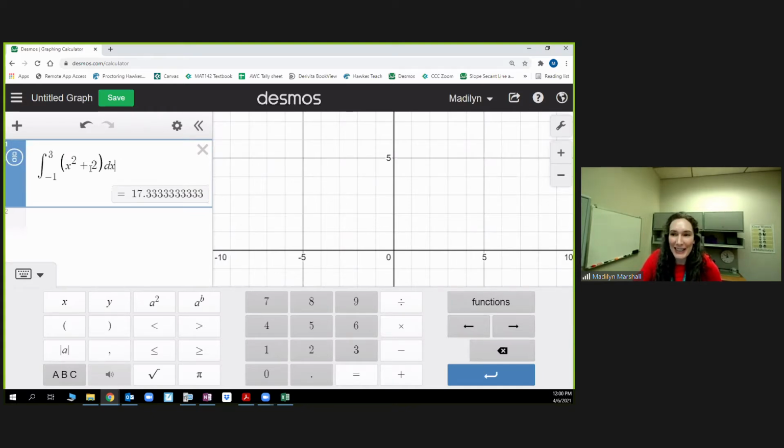So it kind of depends if you feel like you're more prone to mistakes when you're simplifying by hand, or if you're more prone to mistakes when you're entering stuff into the calculator. We can do either one. It's just really easy to make little mistakes with minuses and parentheses in both of these scenarios. So just be super careful.